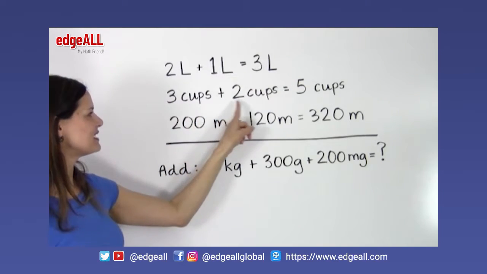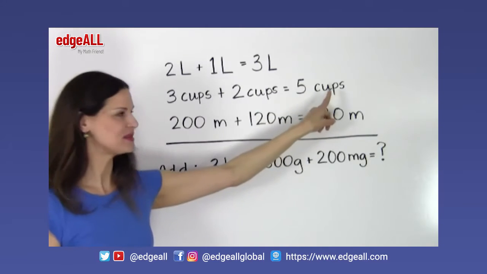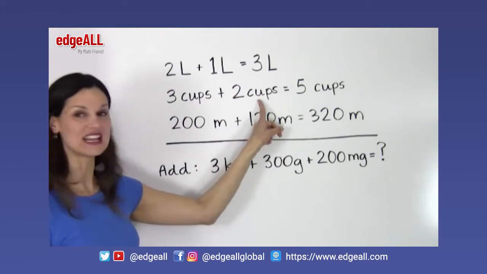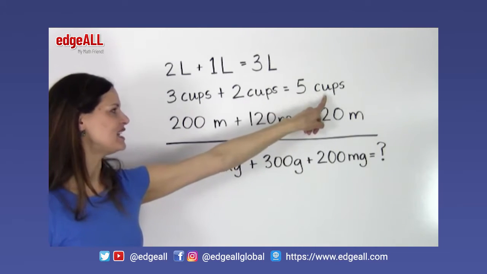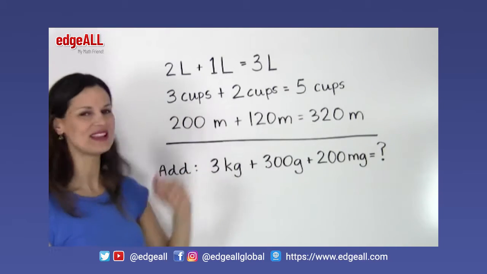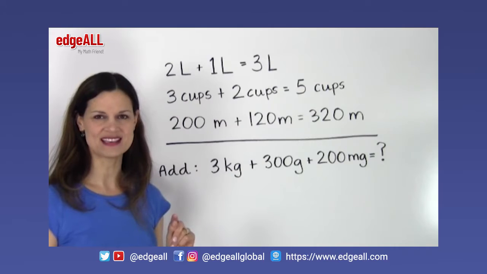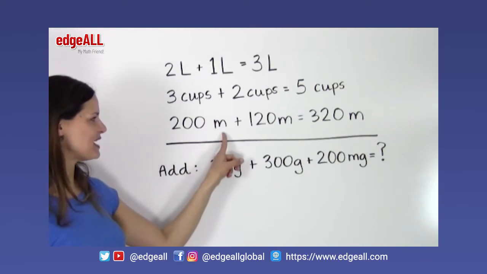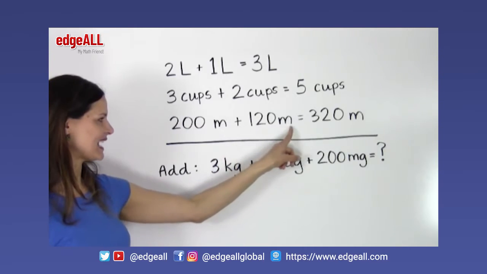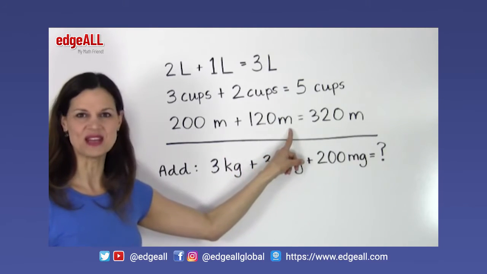3 cups plus 2 cups equals 5 cups. Both of these are in units of cups, and therefore the answer is stated in units of cups, and it's the simple addition of 3 plus 2 equals 5. In this one I have 200 meters, and then my second number here is also in meters.